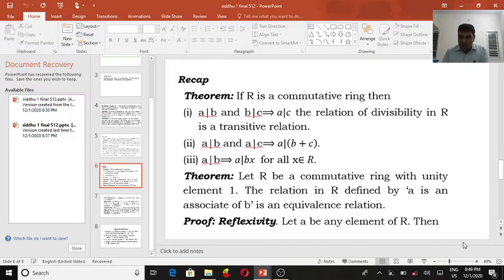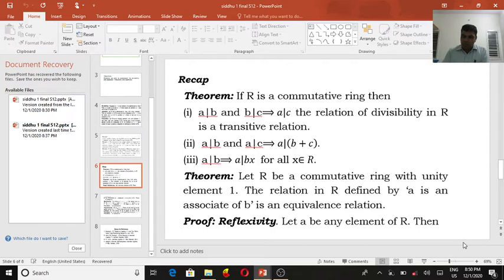Suppose A divides B and A divides C. Then A divides B plus C. Simple proof. A divides B, so B can be written as A K1. A divides C, so C can be written as A K2. Adding, B plus C is equal to A K1 plus A K2, which is A times K1 plus K2.